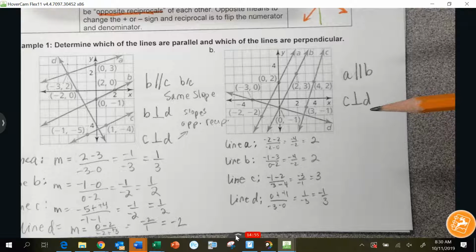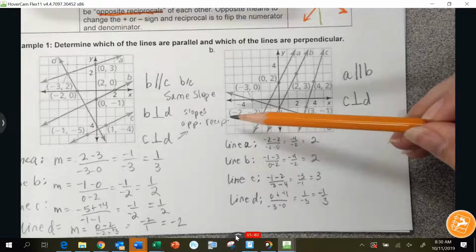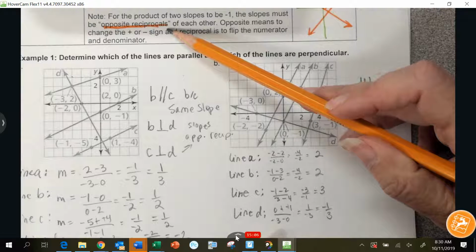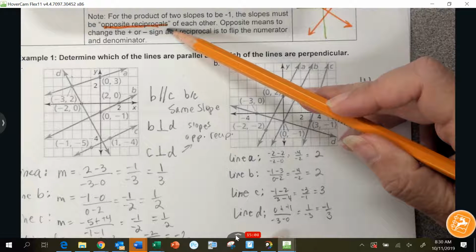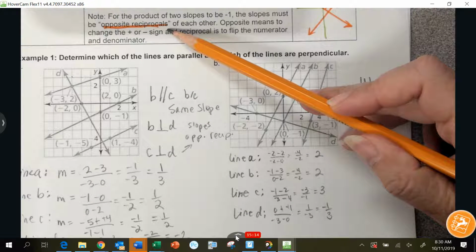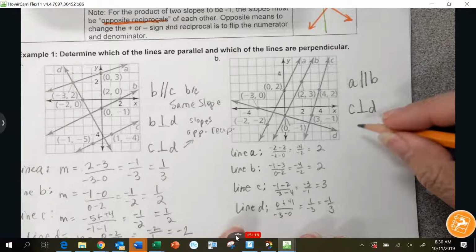How do you know that? What do we say about the slope? They are opposite reciprocals, yes.